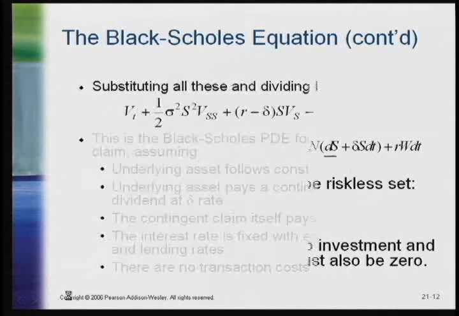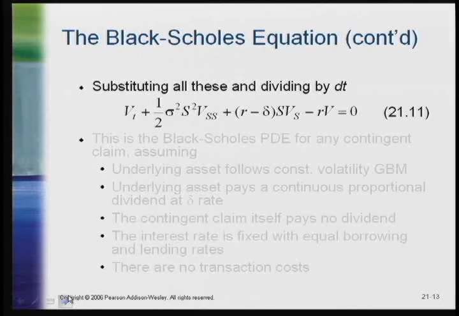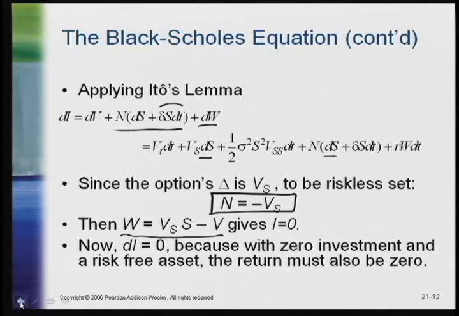And when I do the algebra, I get the famous Black-Scholes equation. Again, how do I do that? I use the substitution that N is minus VS, and I use the substitution that W, therefore, must be equal to VSS minus V. And I simply put it into that equation, and I do the math, and what I find is an expression times dt must be equal to 0.